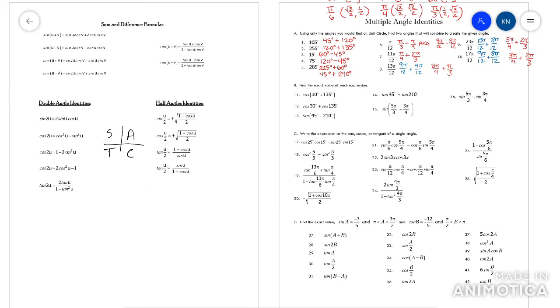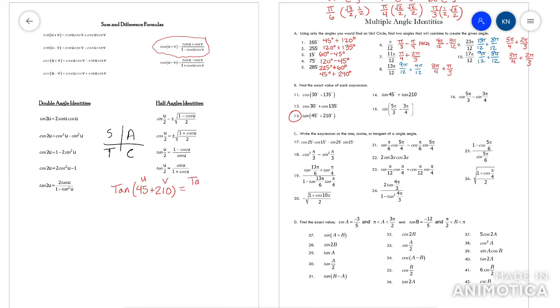Okay, number 13, tan of 45 plus 210. All right, now I am going to be using this equation because it matches the formatting, okay? Basically just call the first one U and call the second one V, and you're just going to plug it in.